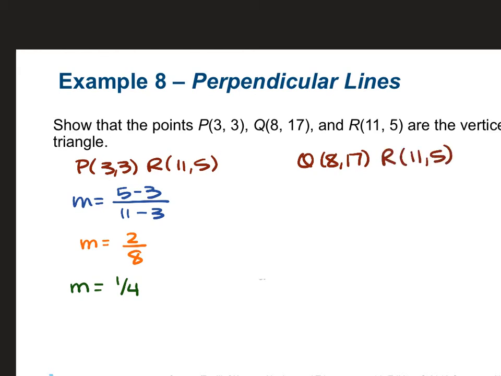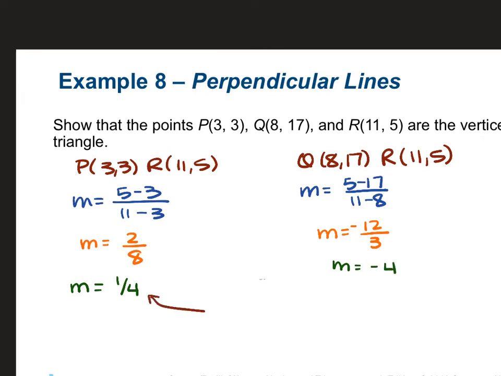Now I'm going to find my slope for Q and R. Q is 8, 17, R is 11, 5. So I'm going to do y2 minus y1. So I'm going to do 5 minus 17 over x2 minus x1. So 11 minus 8. 5 minus 17 is negative 12. 11 minus 8 is 3. So that's negative 12 over 3, which is negative 4.